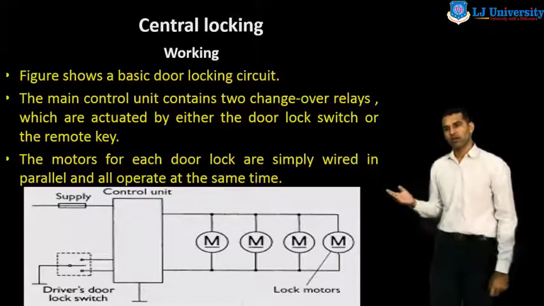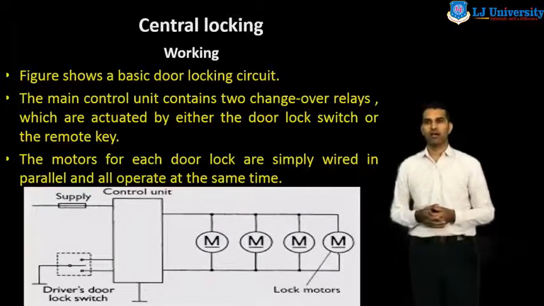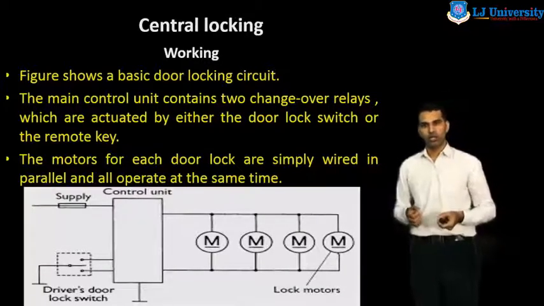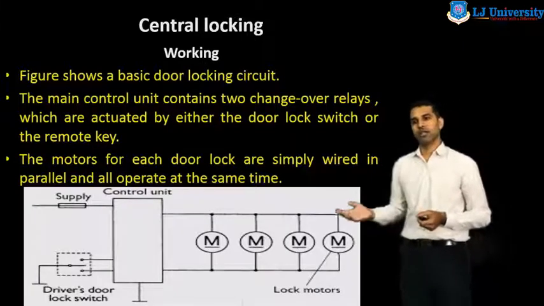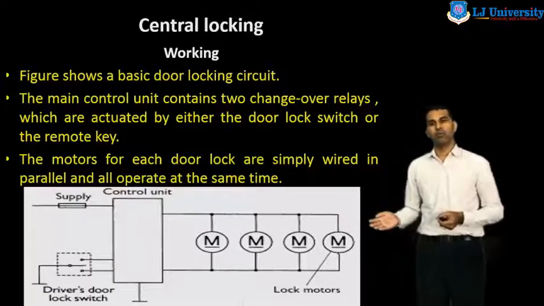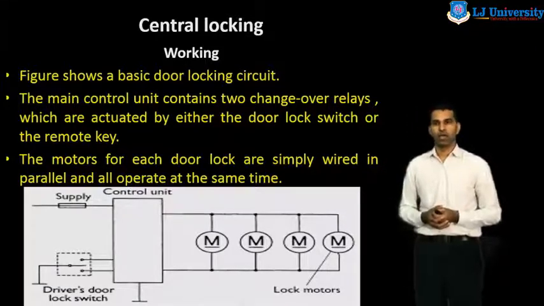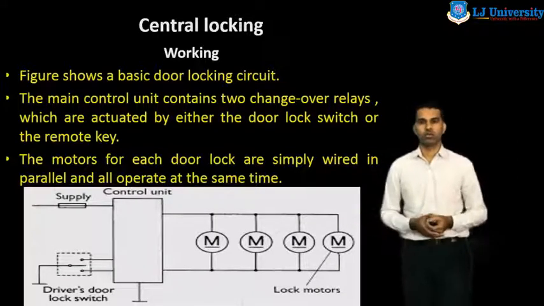So here we can see the door can be closed either by the remote key or by using the door lock key. When we use the key, the circuit starts the operation, and the motor attached to the door runs and locks the door.